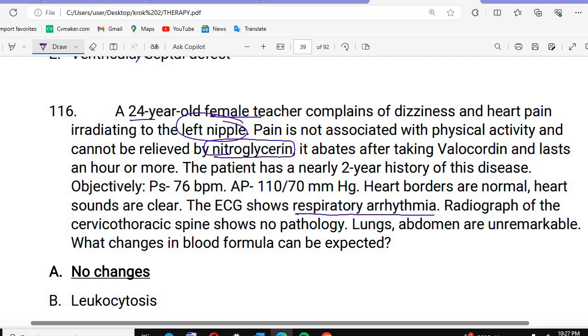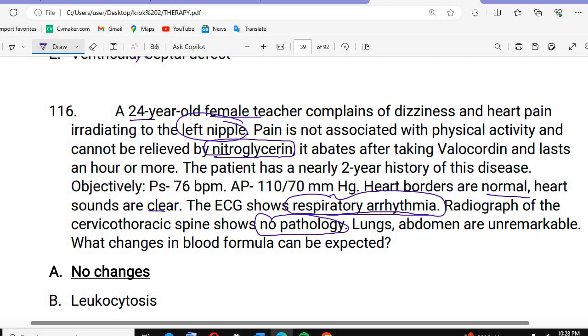So what will we see? Did you see any organic changes? Here the radiograph shows no pathology. Heart borders are normal. Heart sounds are clear. ECG shows respiratory arrhythmia, which is a normal thing. Respiratory arrhythmia means the heart rate goes a little up and down with respiration, which leads to a normal condition only.